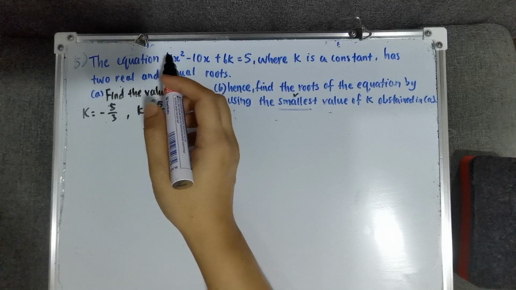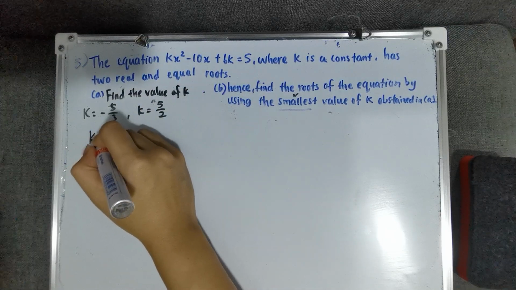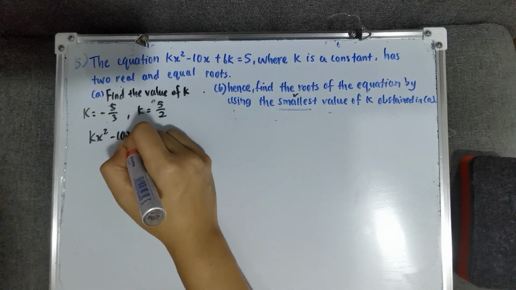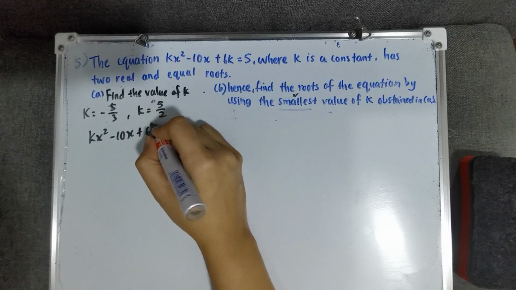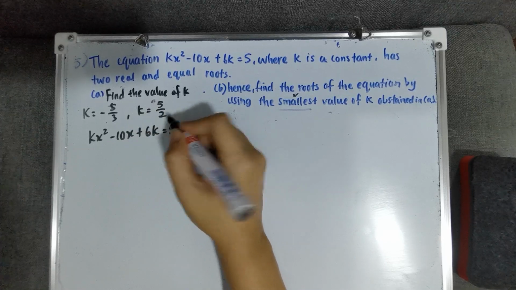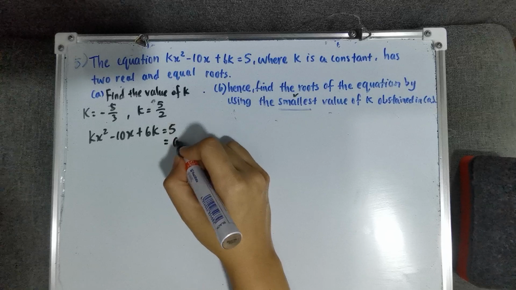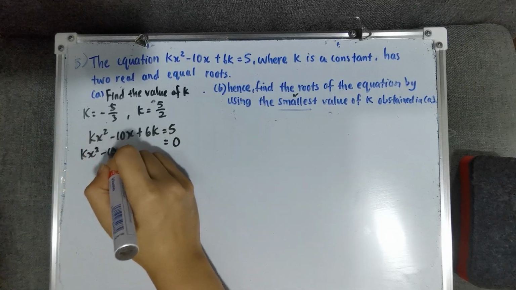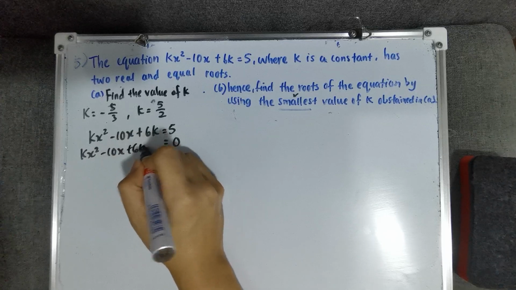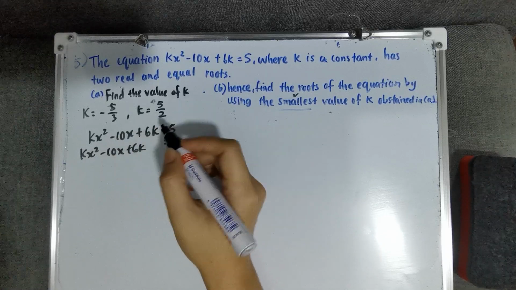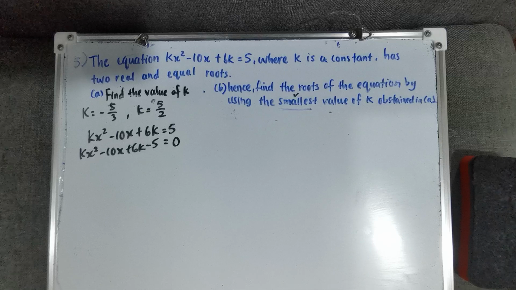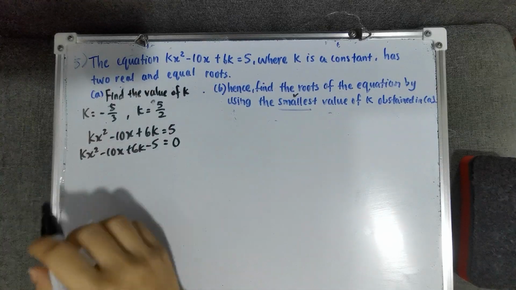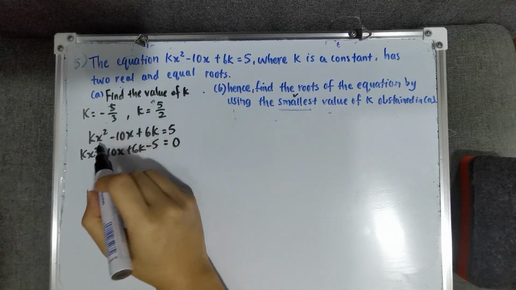So your equation, kx squared minus 10x plus 6k equals to 5. And again, we must make sure this is 0. So kx squared minus 10x plus 6k, your 5 brought to the left side becomes negative 5. And then we have to substitute your k.